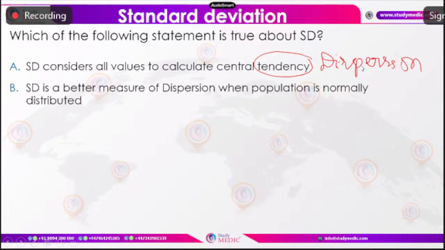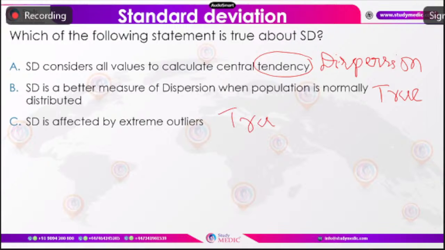Okay. Standard deviation is a better measure of dispersion when the population is normally distributed. Yes, it is true, because when it is not normally distributed, there will be outliers, very high or very low values, and they affect the SD, like the mean. SD is affected by extreme outliers. Yes, this is also true.